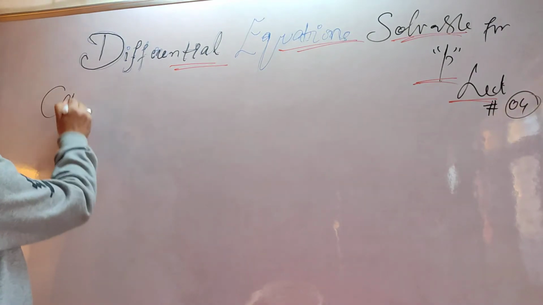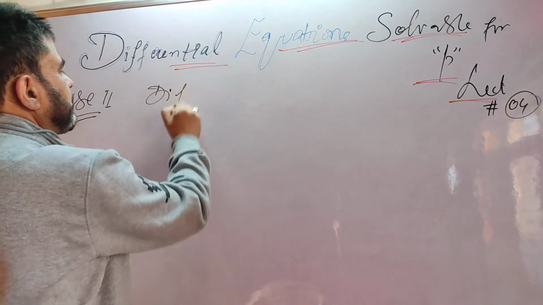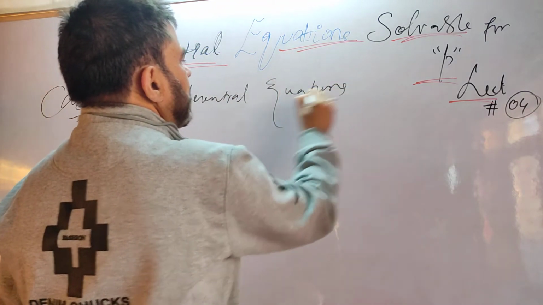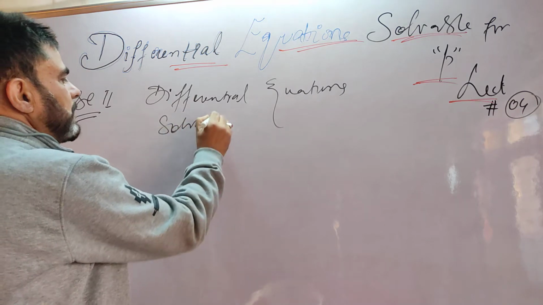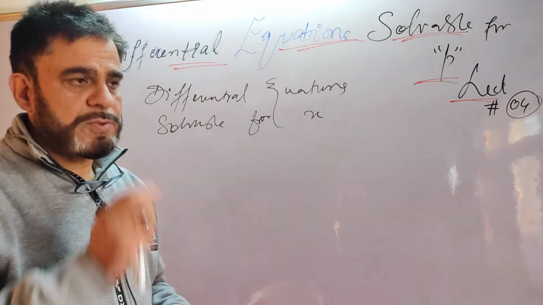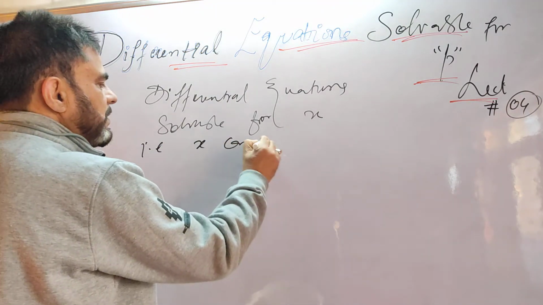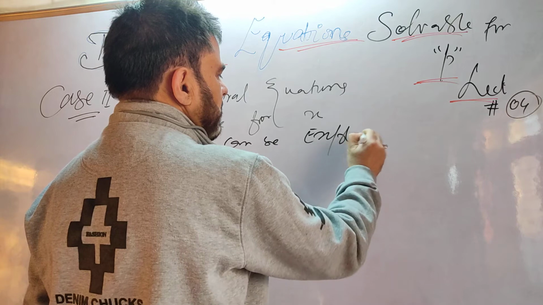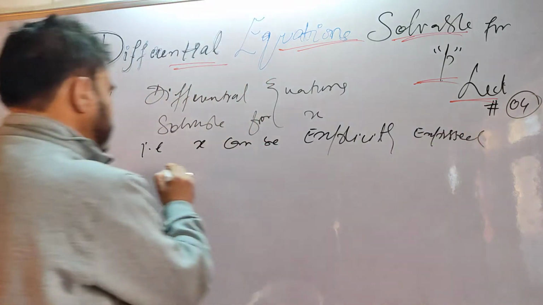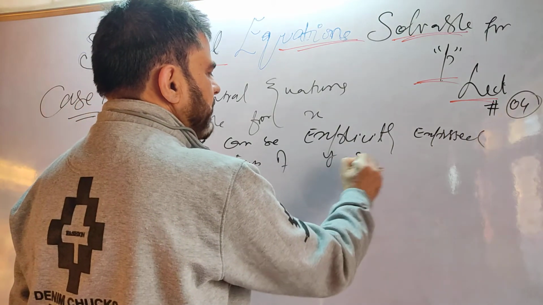I will take case second. We have differential equations which are solvable for x. That is, when we are in a position to express x explicitly as a function of y and p.